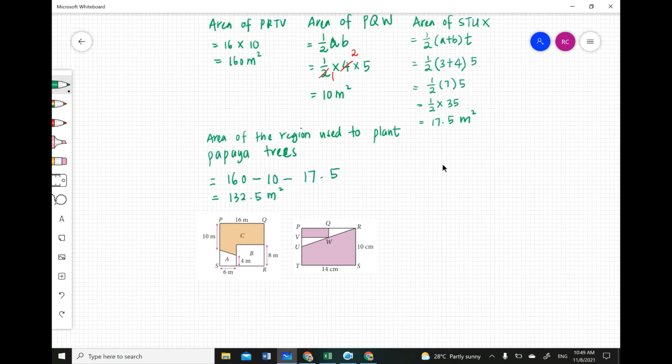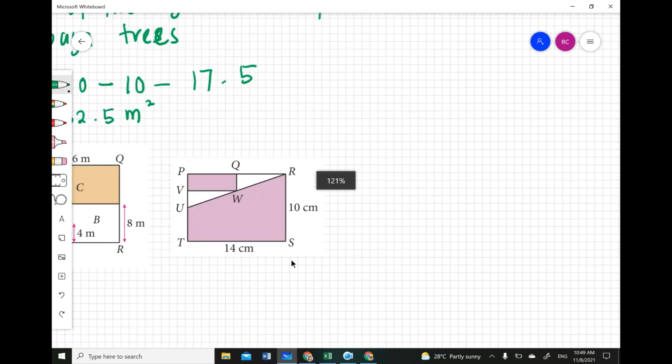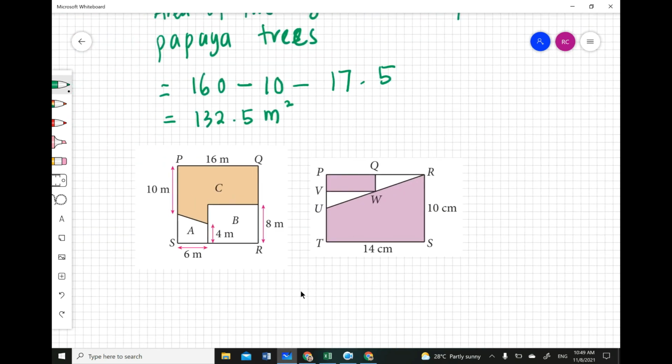So I have two shapes over here. The first one, you can see this part over here looks like something square, maybe. We don't know yet. You have to determine it. So can you tell me how to get the area of the shaded region over here? Let's see whether this is a square or not.